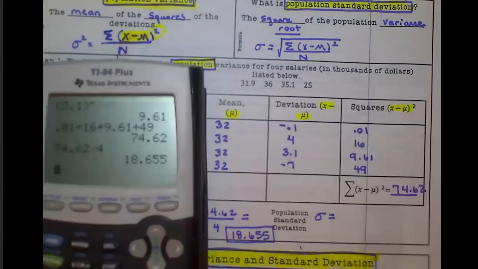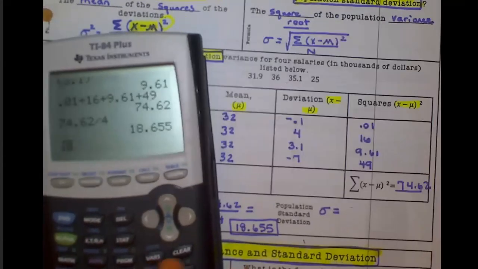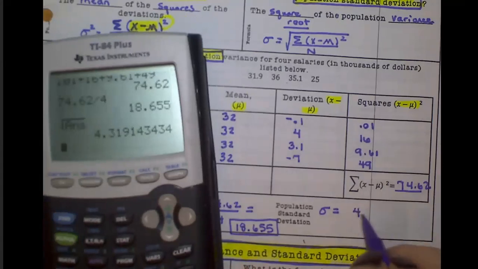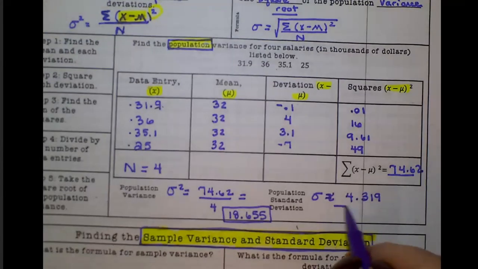So I'm going to do second square root, call back up my answer, and it would be 4.319. Okay, and I'm going to put approximately because I rounded. So approximately 4.319.